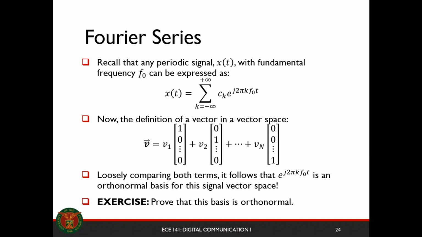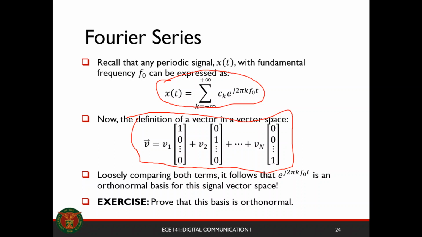For any periodic signal, we can represent it as a series of sinusoids, complex carriers, as you can see right here, which is actually the same as the definition of a vector space. This C sub k is a complex number which corresponds to the weight of a basis.